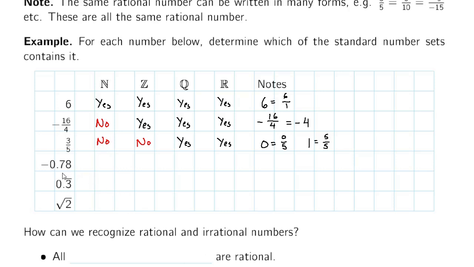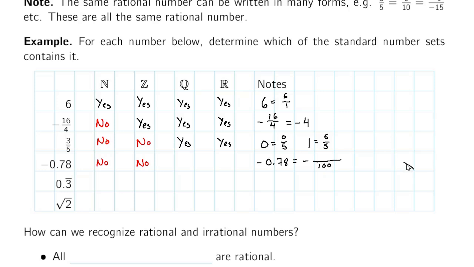What about negative 0.78? Right? The decimals make it easier to see that this is not an integer or a natural number. Is it rational? It doesn't look like a fraction, but negative 0.78 can be written as a fraction where the denominator is 100.